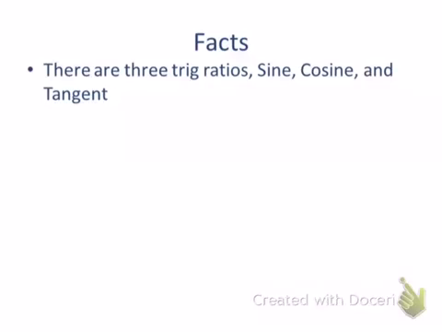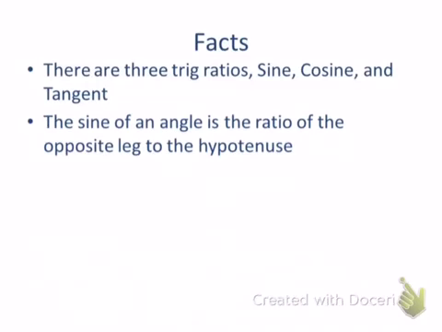All right? In a right triangle, the sine of an angle is the ratio. The abbreviation of sine, incidentally, is just SIN.